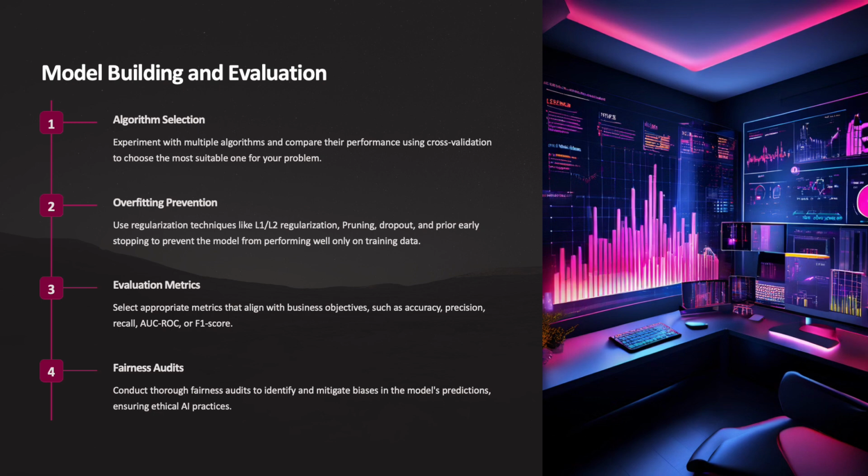These techniques collectively ensure the model performs well on unseen data. Selecting the right evaluation metrics is also essential. For example, in a medical diagnosis model, accuracy alone may not be sufficient. Precision and recall might be more important to minimize false negatives. Depending on your business model, choosing the right metric ensures your model is aligned with those objectives.